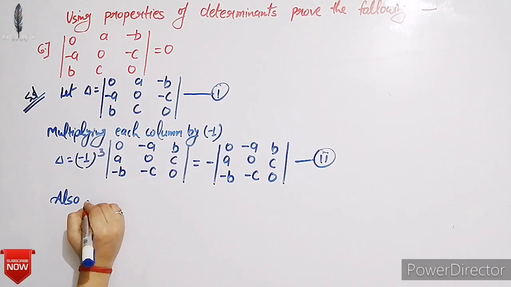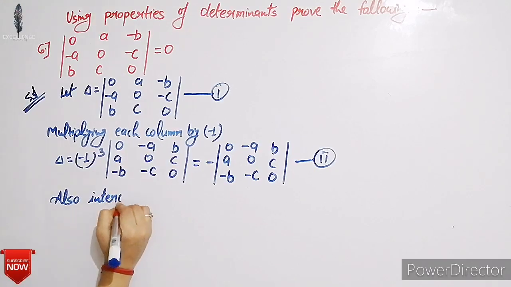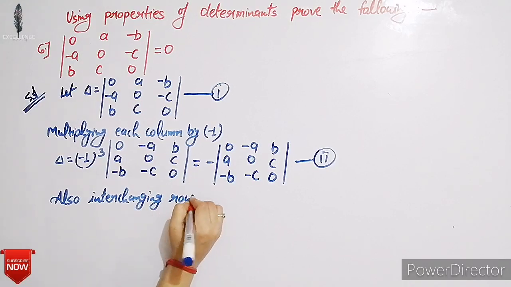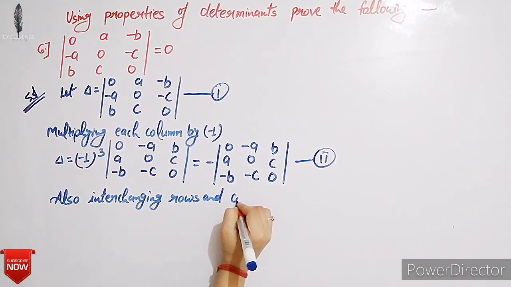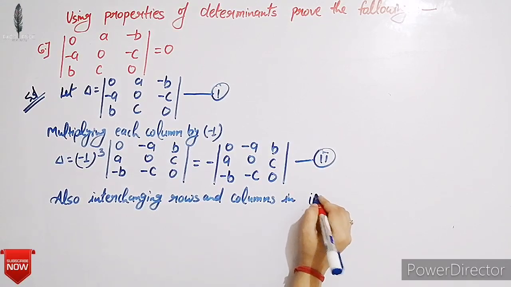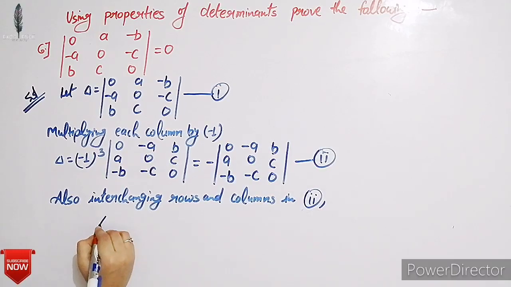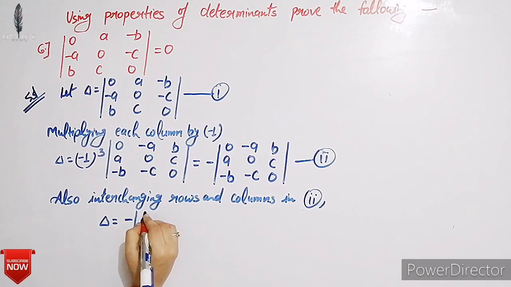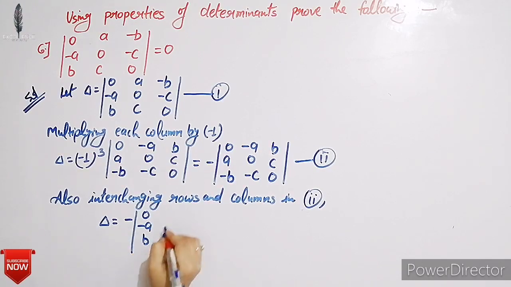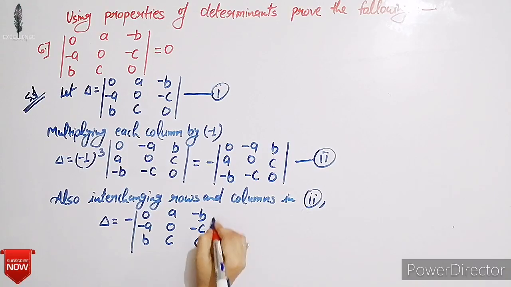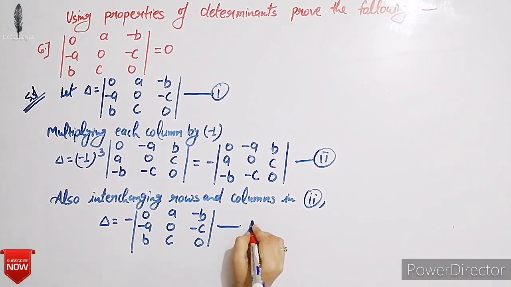Also interchanging rows and columns in the second determinant, in equation second, then we have delta equals to minus, here C1 is 0, minus A, B, C2 is A, 0, C and C3 is minus B, minus C, 0. Let it be equation third.